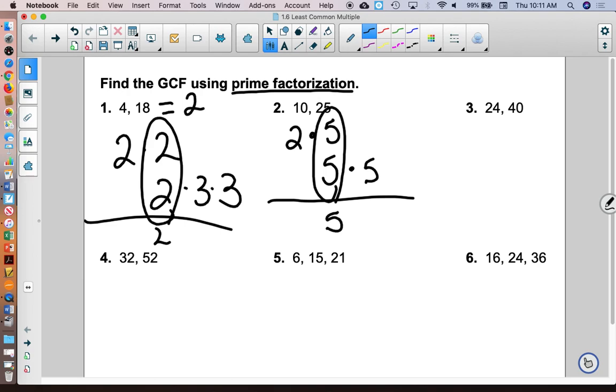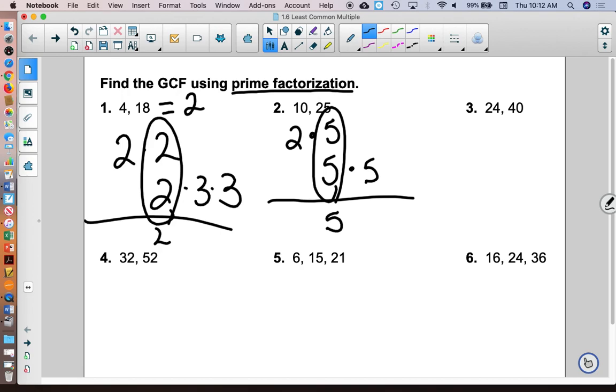And over here we had 1 and 40, 2 and 20, 4 and 10, 5 and 8. These are not prime factorizations because the number 24 is not prime. The number 20 is not prime. 4 is not prime. That's not a prime factorization.